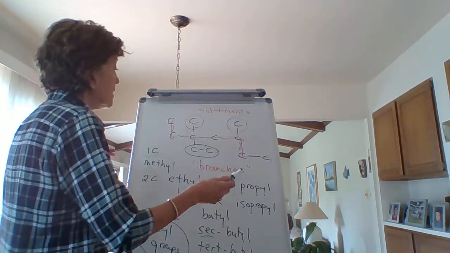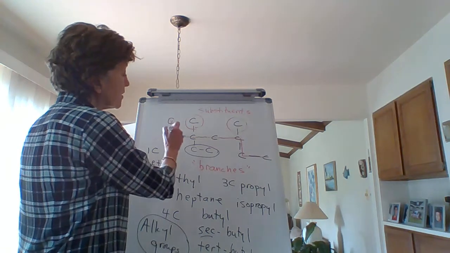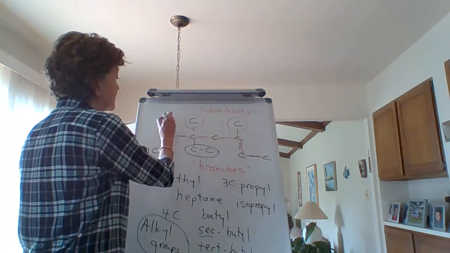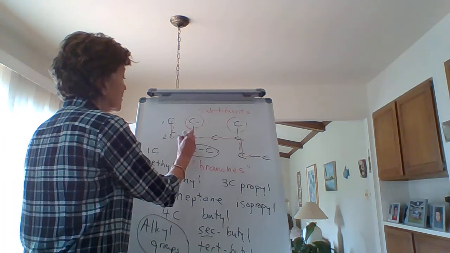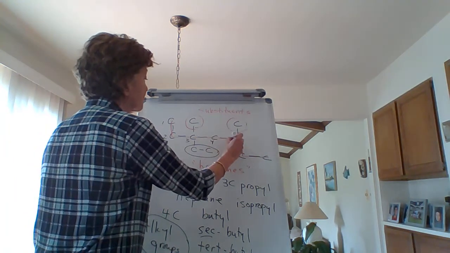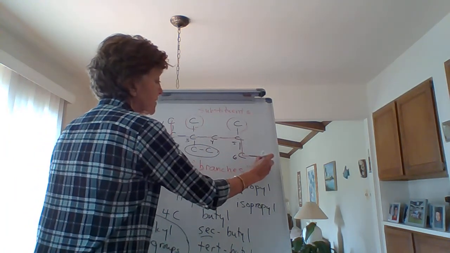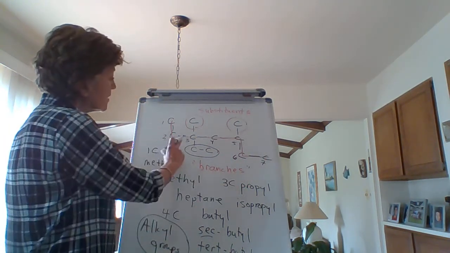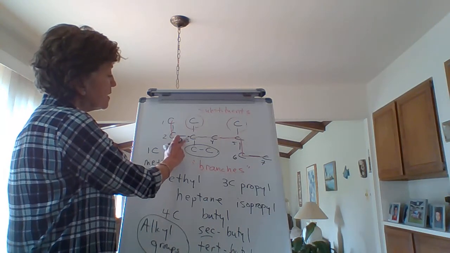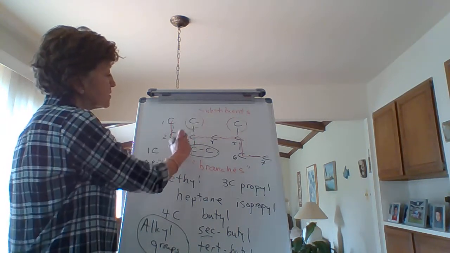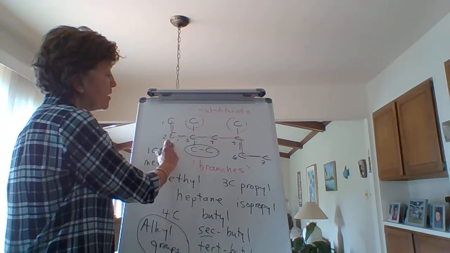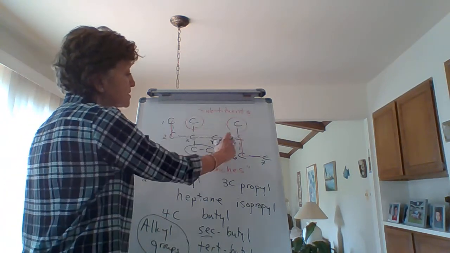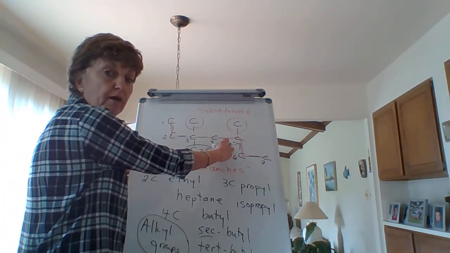So if we number in this direction, this would be 1, 2, 3, 4, 5, 6, 7. You see here that at carbon 3, you have 2 substituents, a methyl and an ethyl, and then you have 1 substituent on carbon 5.